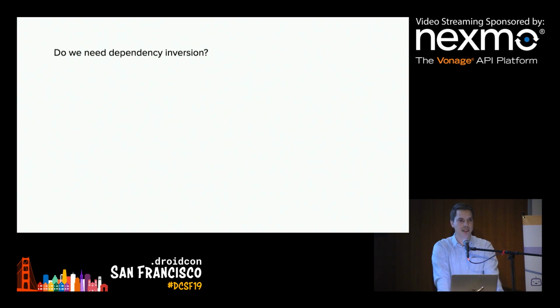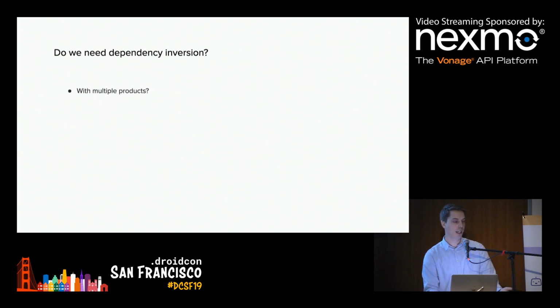Of course, then the question comes up, do we need dependency inversion? It's a valid question because for dependency inversion, you tend to write more code. Not only do you have to introduce an interface, but you also have to wire the implementation to the interface in some way, whether that's Dagger or you do the wiring yourself, but it has to happen. So do we really need dependency inversion?